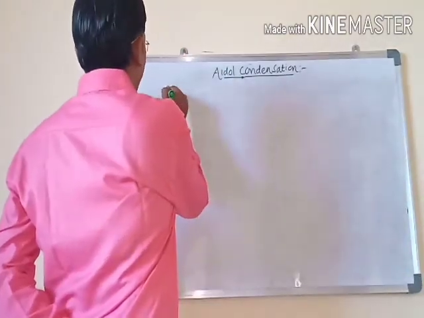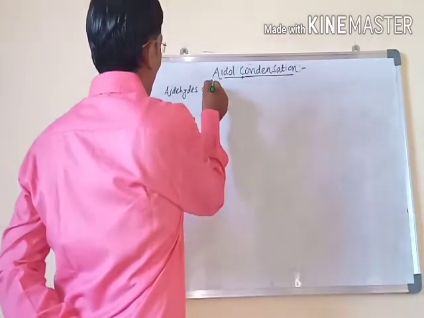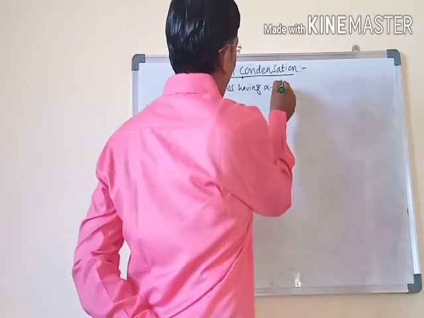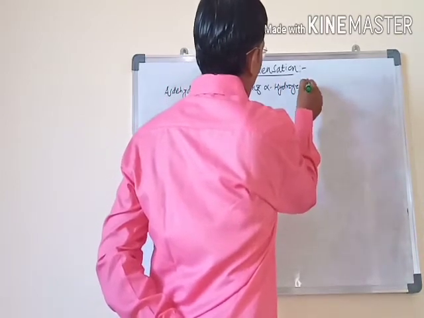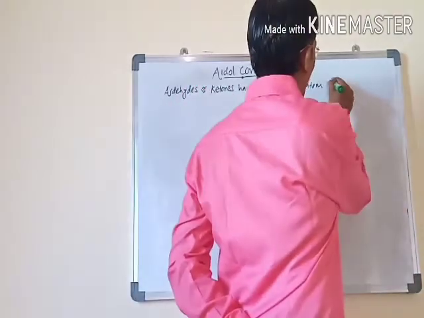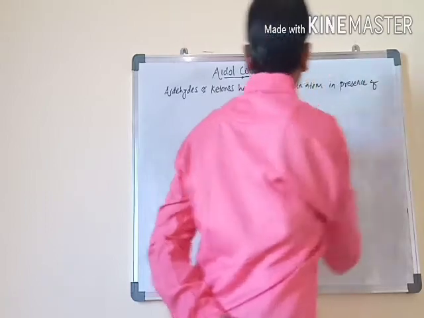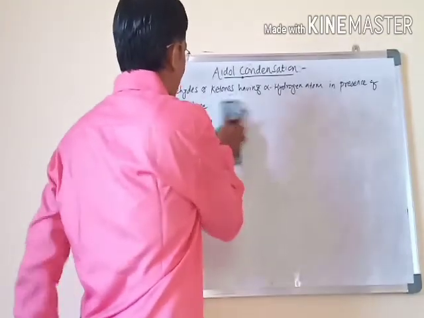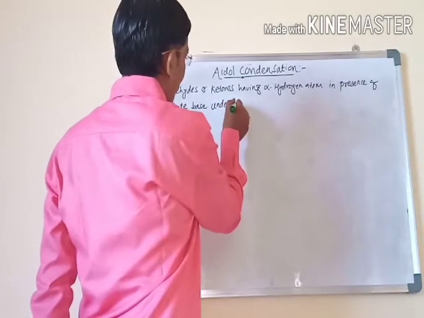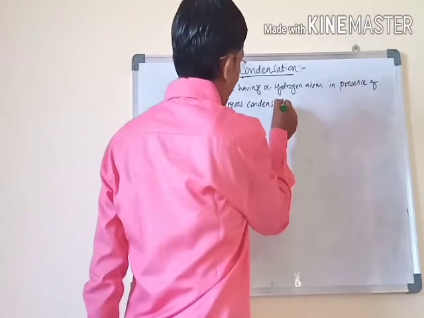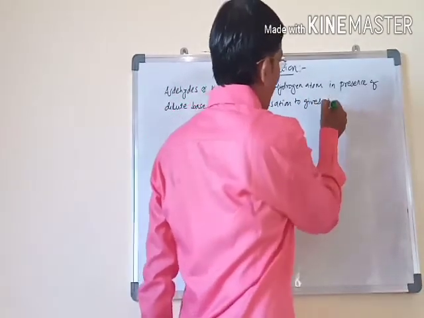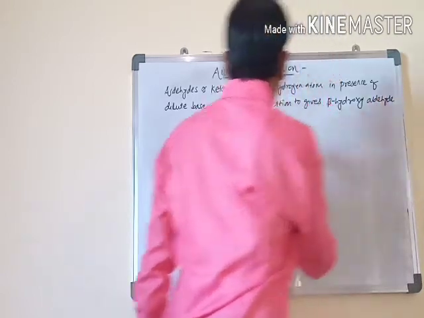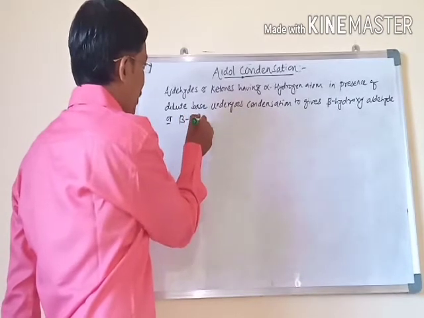That is, aldehydes or ketones having alpha hydrogen atom in the presence of dilute base undergo condensation to give beta hydroxy aldehydes or beta hydroxy ketones.